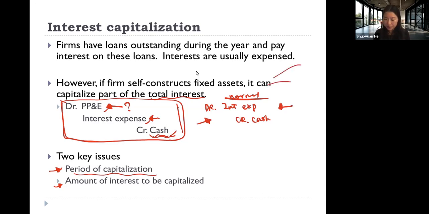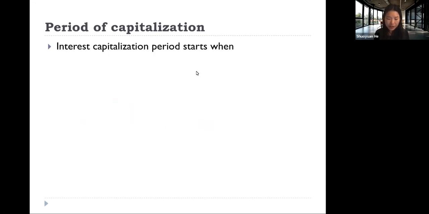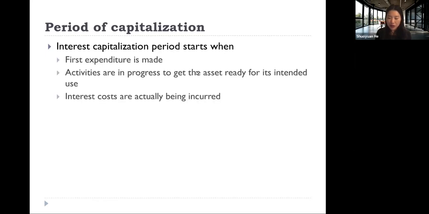Regarding our first question, the period of capitalization, the rule here is we start interest capitalization when the first expenditure is made, activities are in progress to get the asset ready for its intended use, and interest costs are actually being incurred.